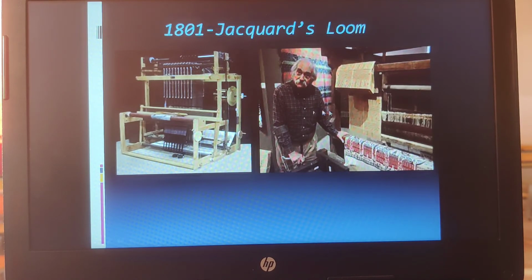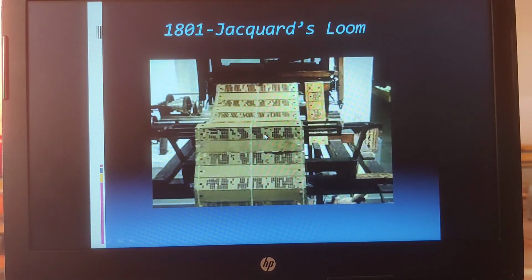He invented a powered loom, which was using punched cards. These are the punched wooden cards, which were able to incredibly weave patterns, including pictures and text. So these are the wooden cards onto which this powered loom was able to weave. We were able to get patterns of text and images.